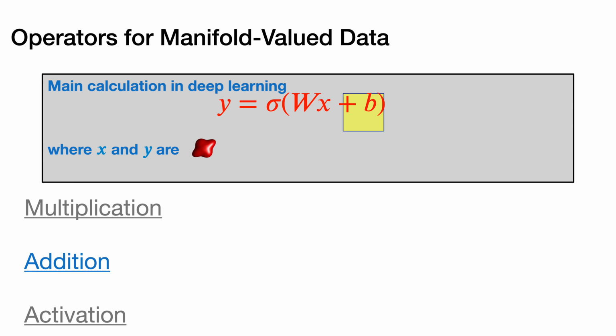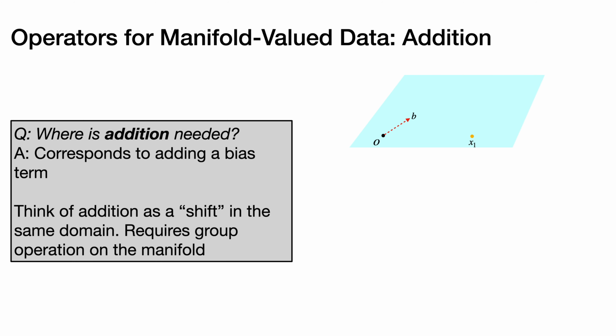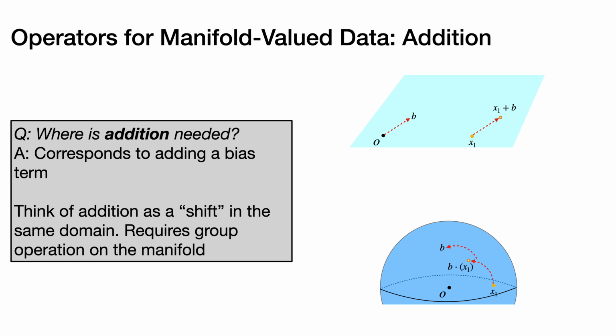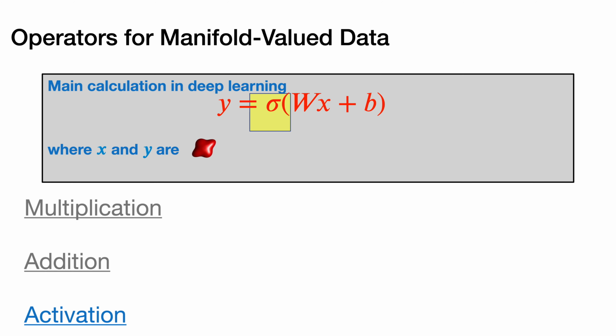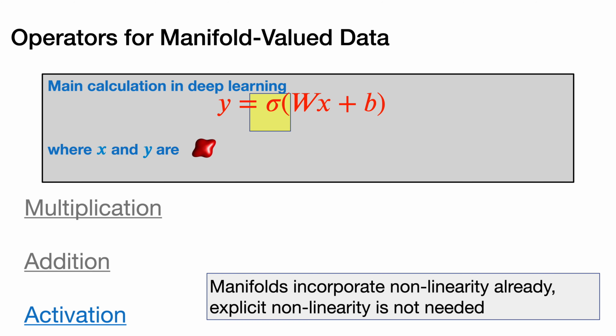For addition, we can substitute it with the group operation so that it remains in the same manifold space. Finally, as the manifold already includes nonlinearity, we do not need nonlinear activations.